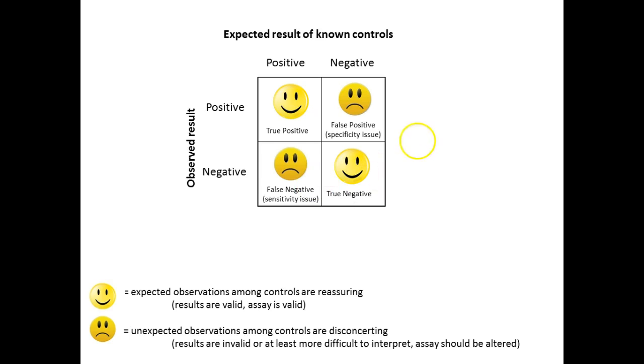All right, the importance of having controls and having false positive and false negative results. So when we deal with false positives in our control set, it's probably a specificity issue. Again, what you think you're testing for, something else is causing it to be positive.